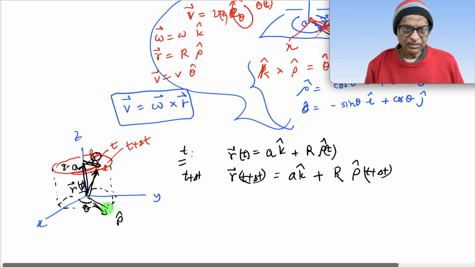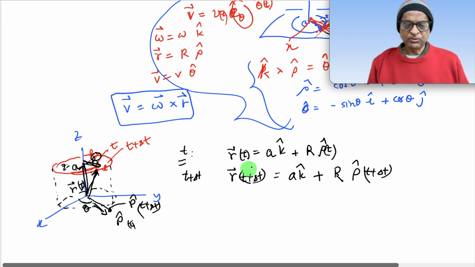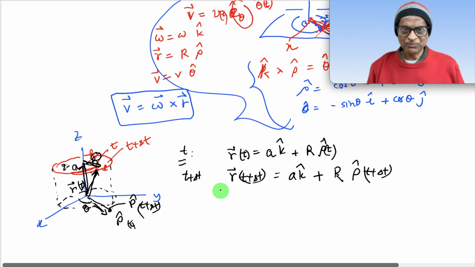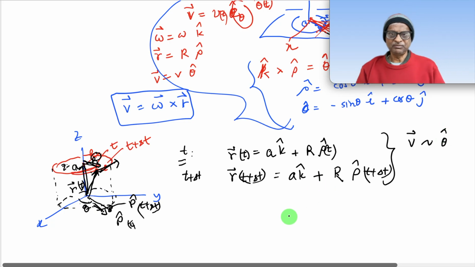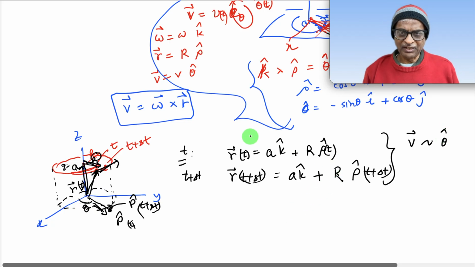It's going to be in that direction. That will be rho hat at t plus delta t. So if you want to know the velocity, you from here already know the velocity should be in the direction of theta hat, right? But let's work it out, and that should be the answer.